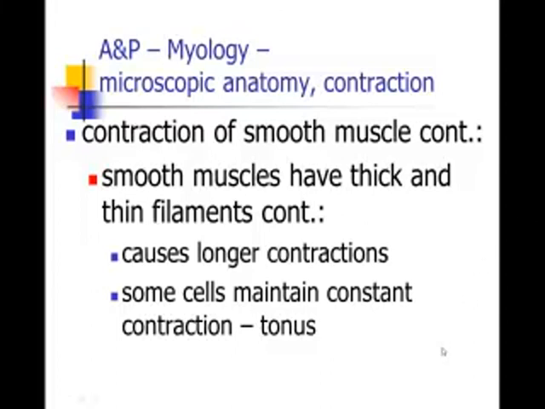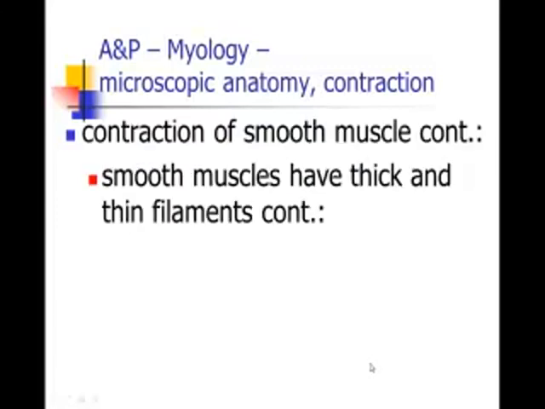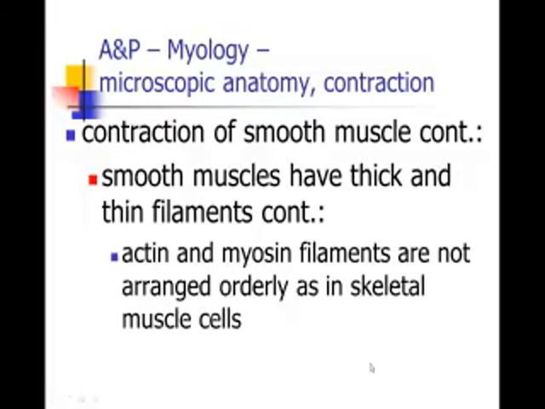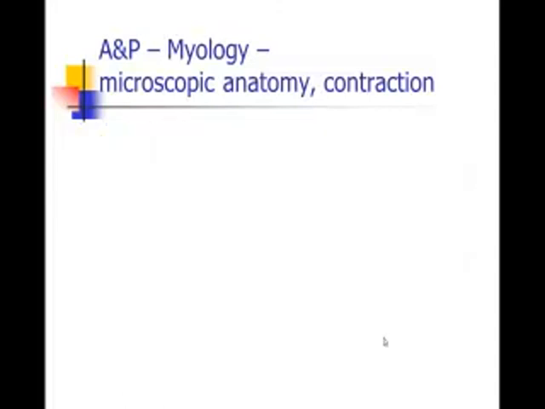Sometimes the cells maintain a constant contraction. It's called tonus, and that's pretty much the case in tubular organs that get stretched frequently. The actin and myosin filaments are not orderly arranged, as I said, with skeletal muscle. There is no troponin, there is no tropomyosin in smooth muscles.